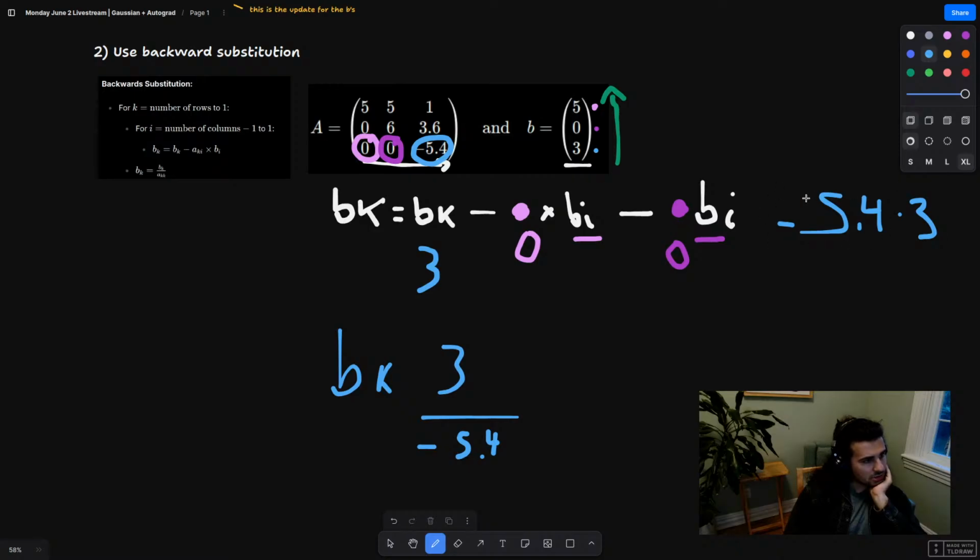We start here actually, right? We're doing this plus 5.4 times 3. Then we normalize, normalize with the pivot.